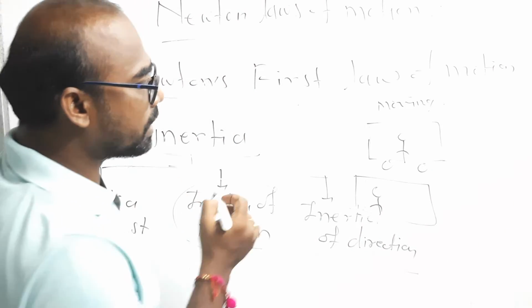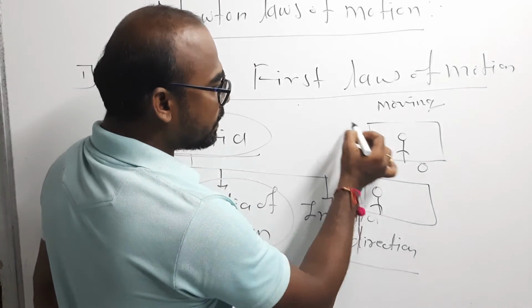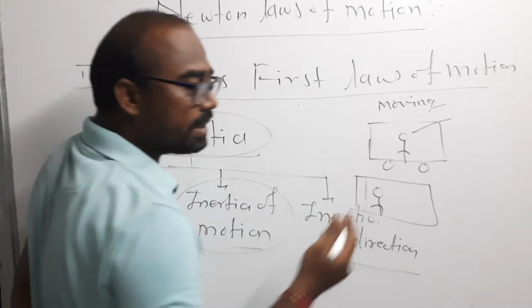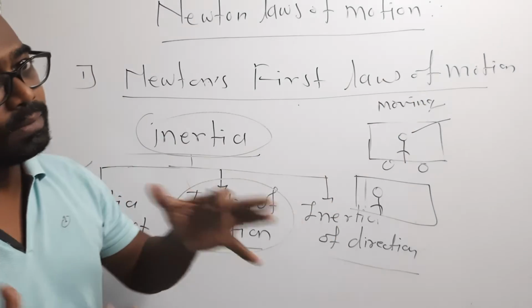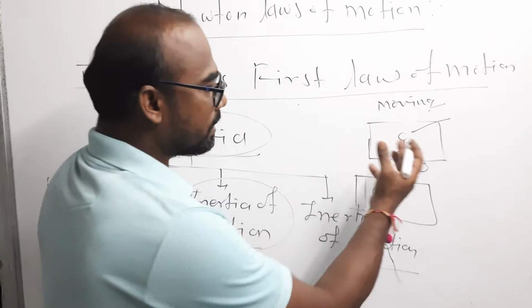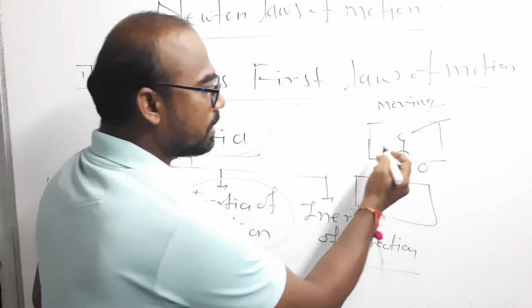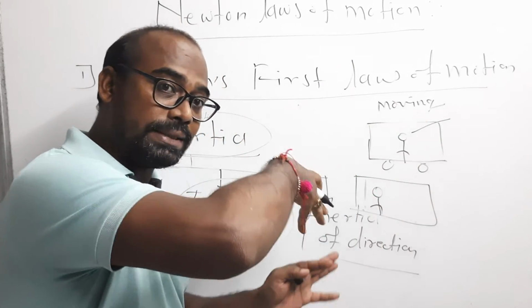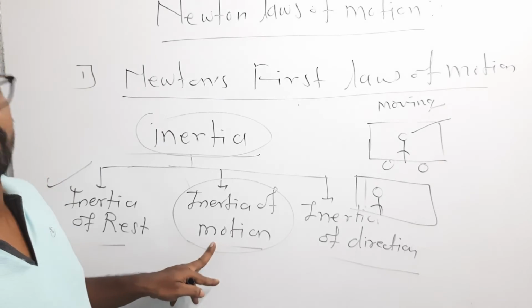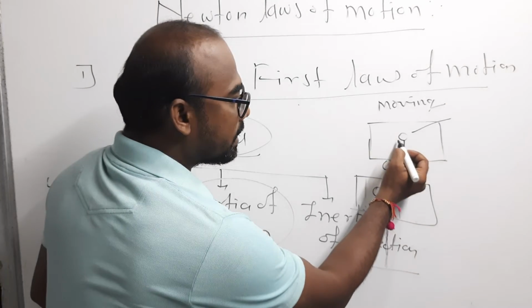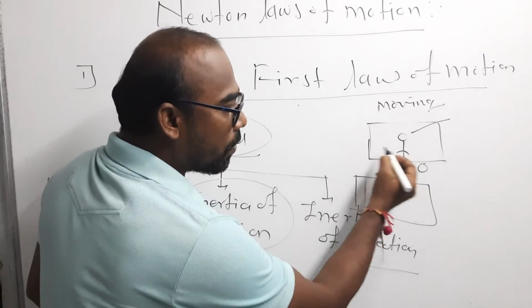Why is it so? Because the person is in motion. The bus comes to rest, but the person, having inertia of motion, comes in the forward direction.